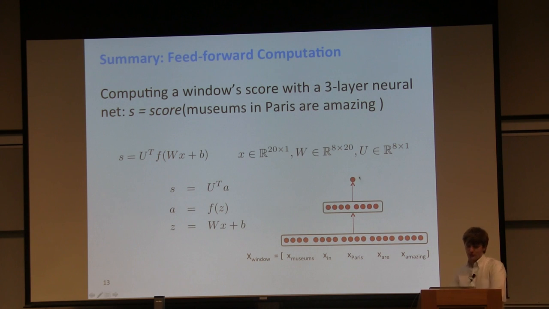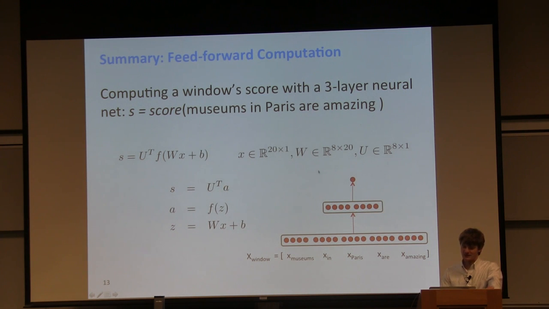Now, one thing that will be very important is to always define what the dimensionalities are for all the different parameters that you have, your hidden layers that you have. And so we write this out very carefully here. For instance, x is a column vector, so a 20 by 1 vector.